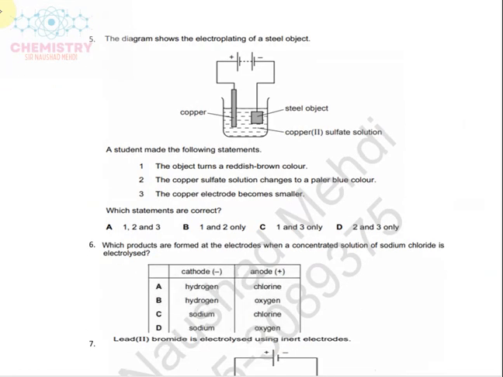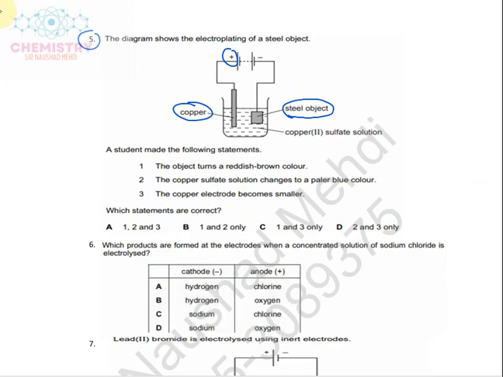Now in the next question, they are saying that the diagram shows the electroplating of a steel object, right? You can see at the positive electrode you have copper, and this copper needs to be plated over the steel object.